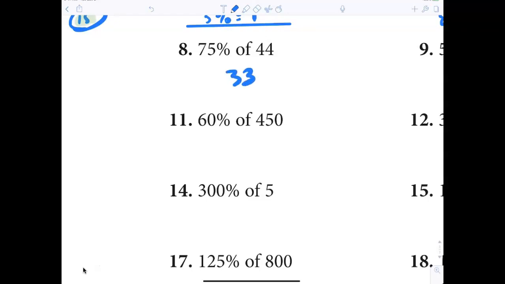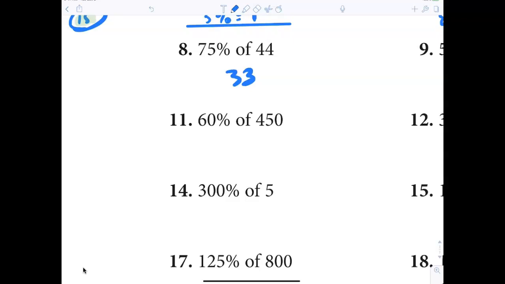I have no idea what you're doing. No one in here has a calculator. Go put it up. Now, really good here. I don't want you to change 75% to 80%, right?